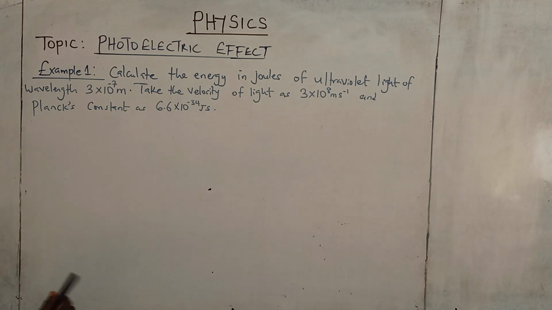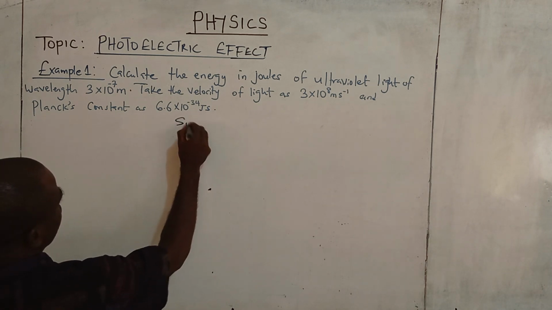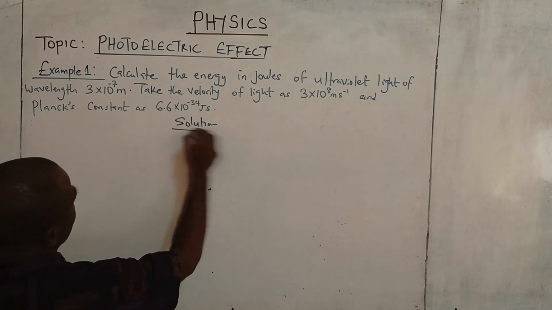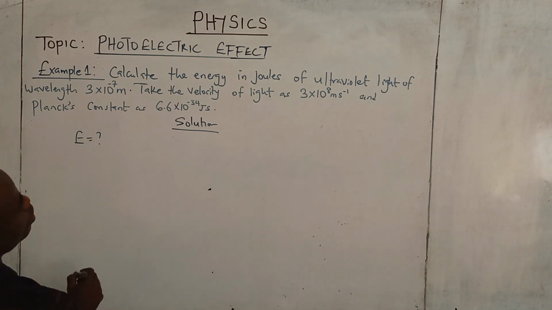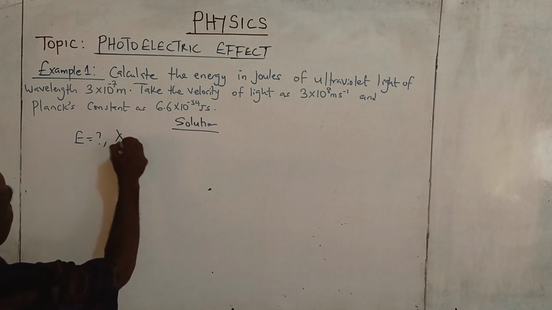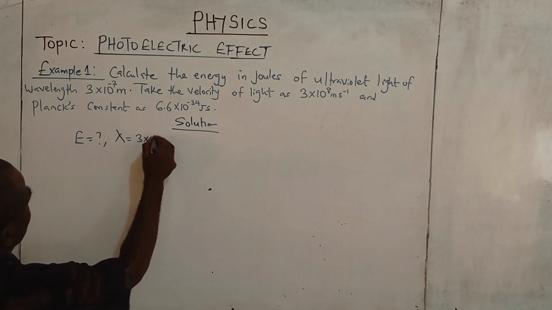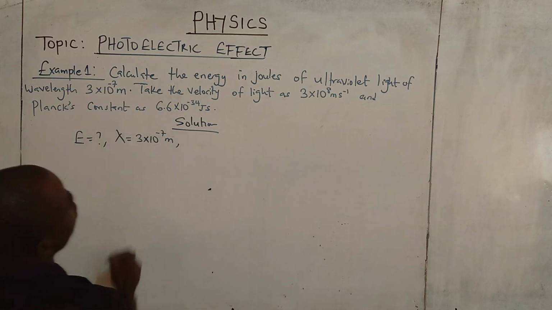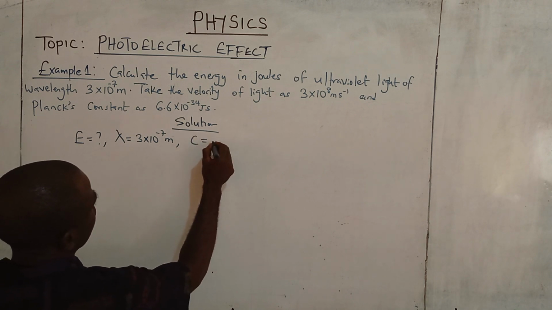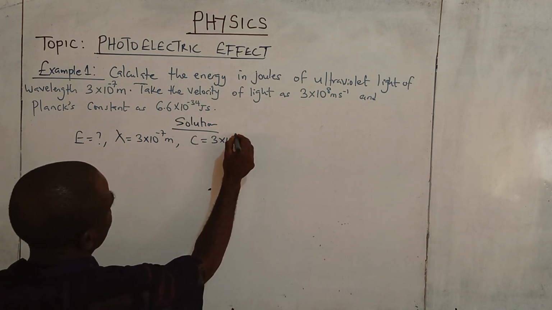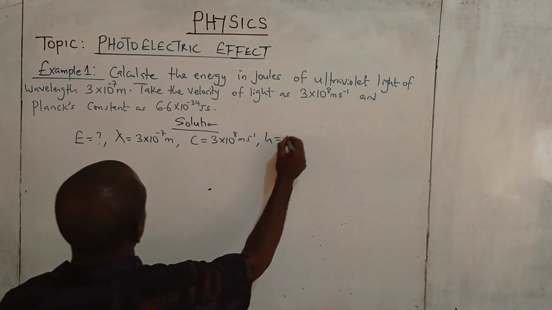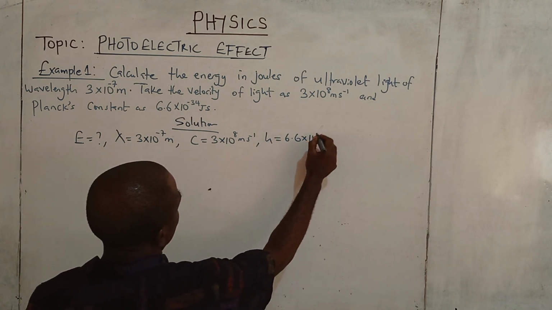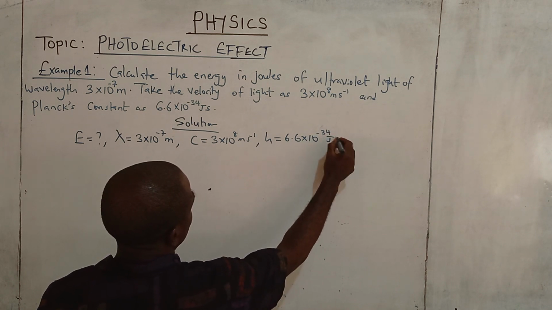When you see a question like this, write the parameters. Energy in joules, the wavelength, velocity c, the Planck constant h, in joule seconds.